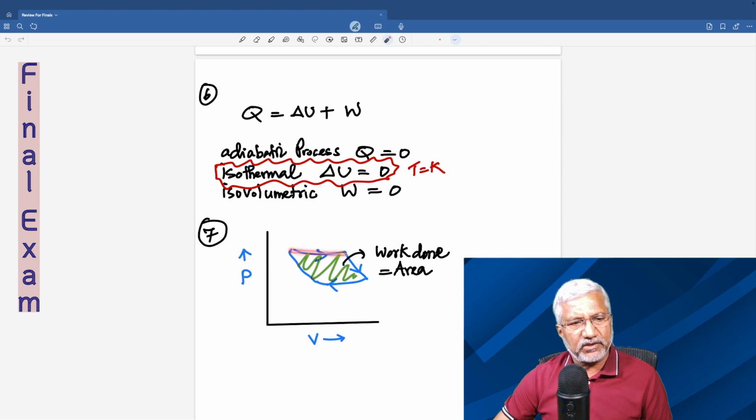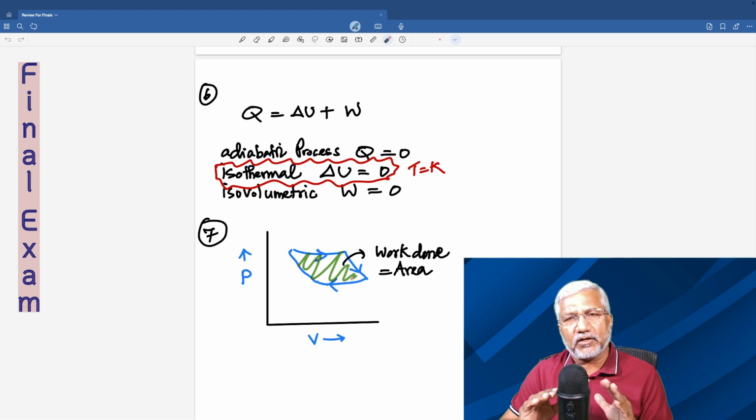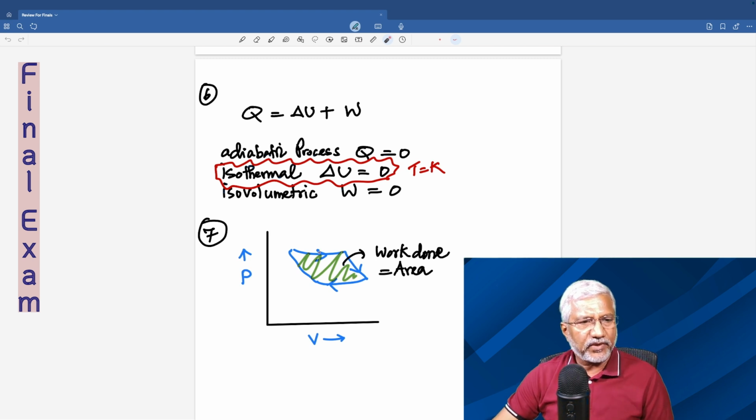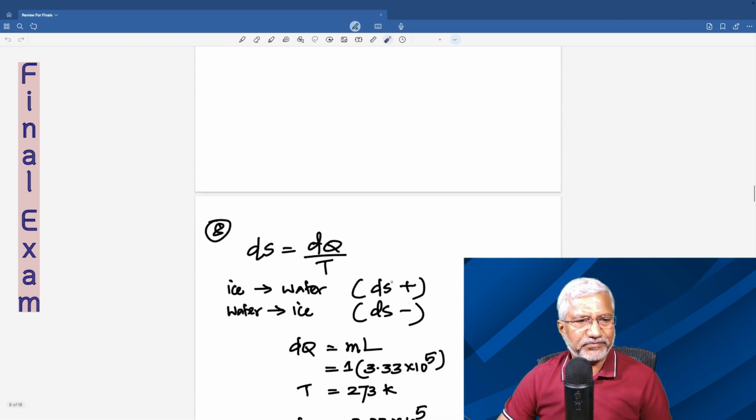That's an expansion. That's another expansion. So this is isothermal expansion. This is adiabatic expansion. Isothermal compression and adiabatic compression. Okay. So this is called a cyclic process because it comes back to where it started from. And to find the total work done, all you have to do is find the area of the diagram.